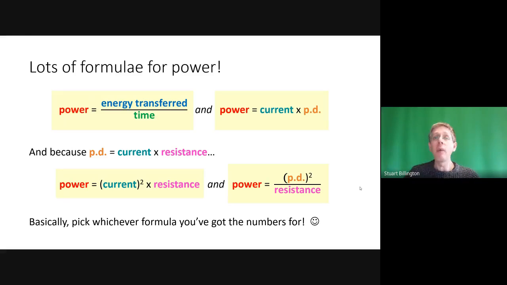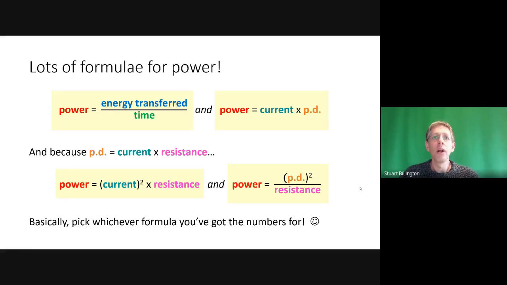And then why stop there? We get very excited about formulae in physics, and you'll notice that there is another formula that's got current and potential difference in it, and that's the one that involves resistance. So there's our V equals IR equation, PD equals current times resistance. And again, very often we will know what the resistance of an object is.